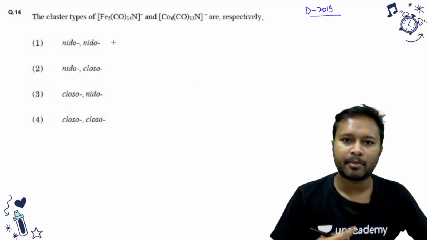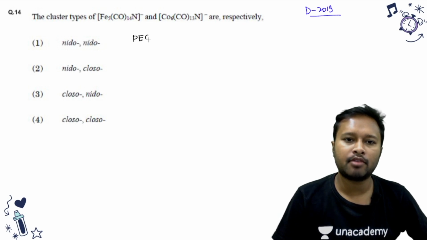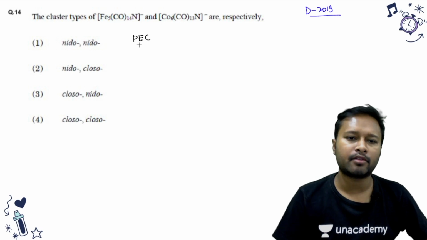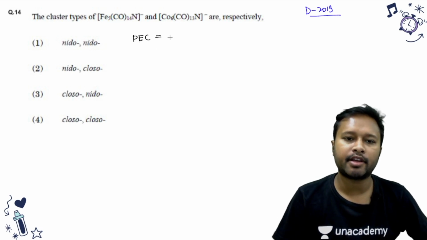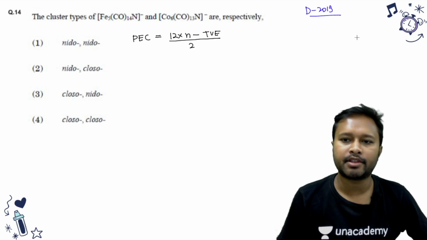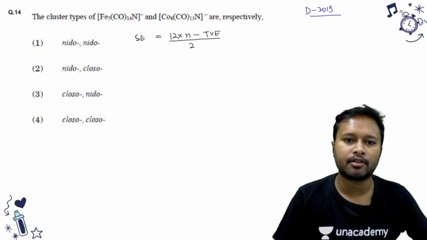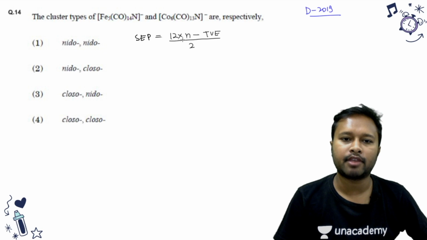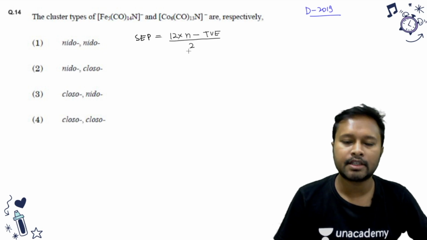So basically the method is to calculate the polyhedral electron count, or skeletal electron pair, whatever you call it. That is calculated as 12n minus total valence electrons, divided by 2.